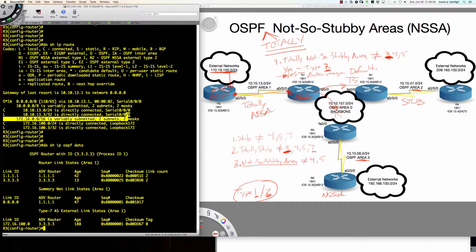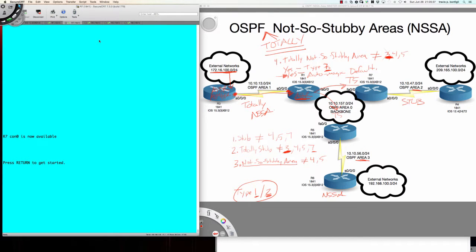Now remember, when we make area 2 a stub area, what's going to happen? Stub area says no type 4, no type 5, no type 7. So is area 2 going to see the 172.16.100 network that gets converted, right, from a type 7 to a type 5 and flooded by router 1?